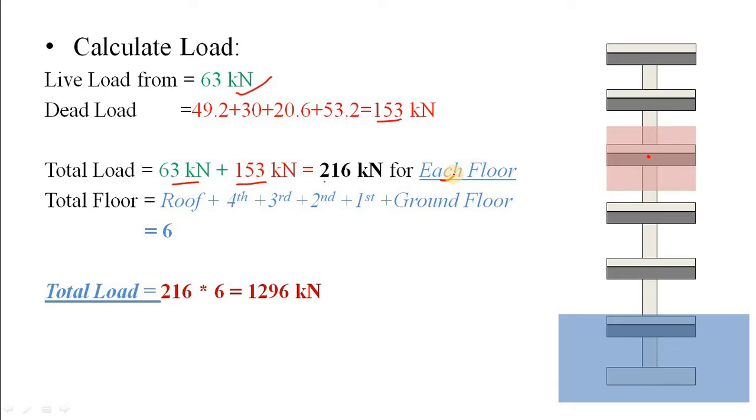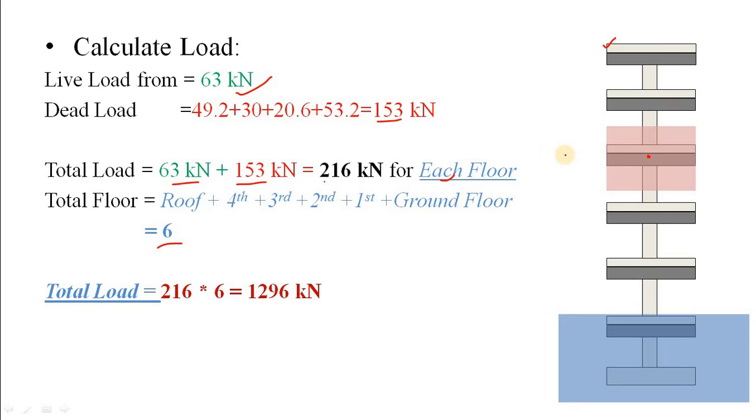Now the question is, how many floors do we have? Let's count one by one. Don't make any mistake. First is your roof, second fourth floor, third floor, second floor, first floor and ground floor. So a total of 6 floors we have to consider.